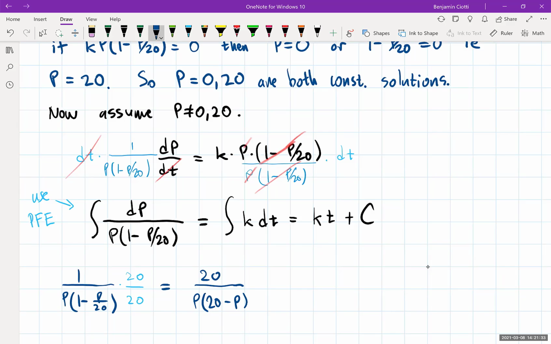And this is now, well, it's got two factors in the bottom. So let's write one fraction for each factor. One for a over p, and another one for the 20 minus p term.